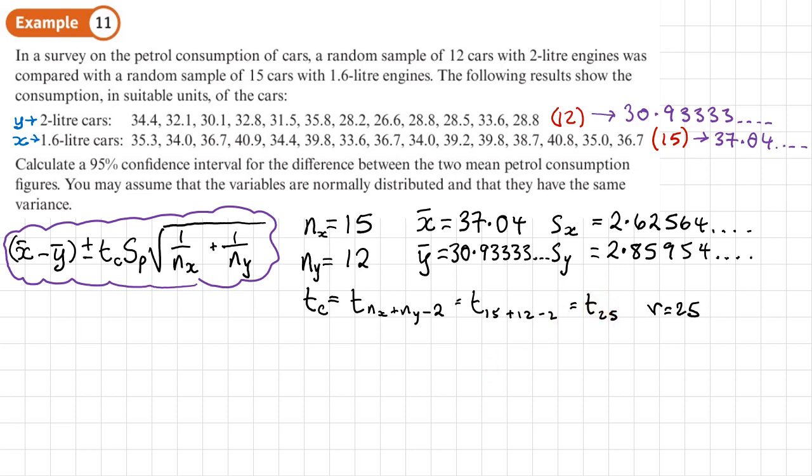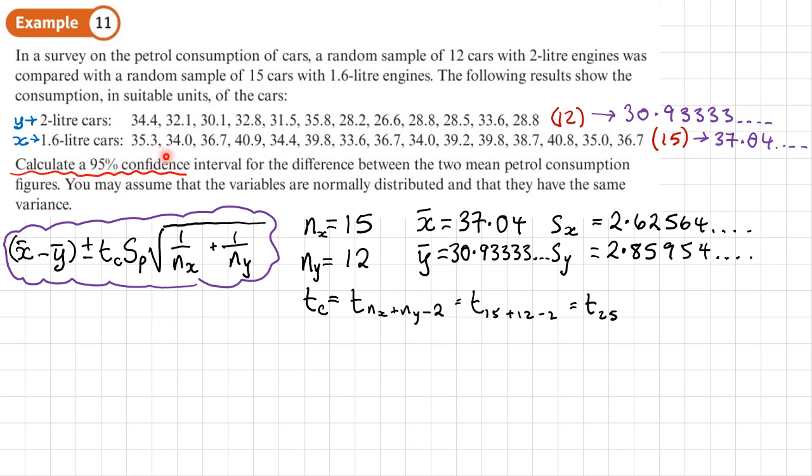Now since it says it's a 95% confidence interval, and it's a difference between the means, and we have a positive and a negative value, this is like two-tailed, because we're going to have two values, a positive and negative.